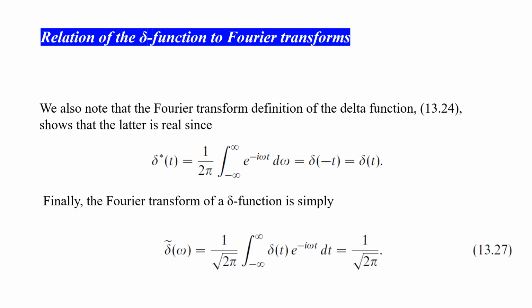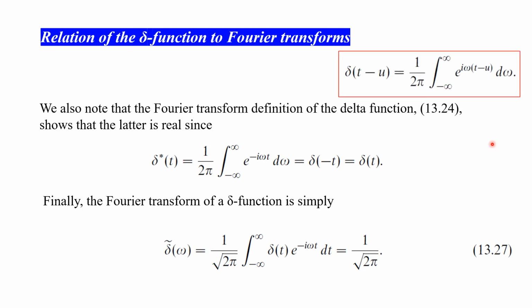We also note that the Fourier transform definition of the delta function in 13.24 shows that the latter is real, since your delta star of t is equal to 1 over 2 pi times the integral of e to the i omega t d omega, which is equal to your delta of negative t.